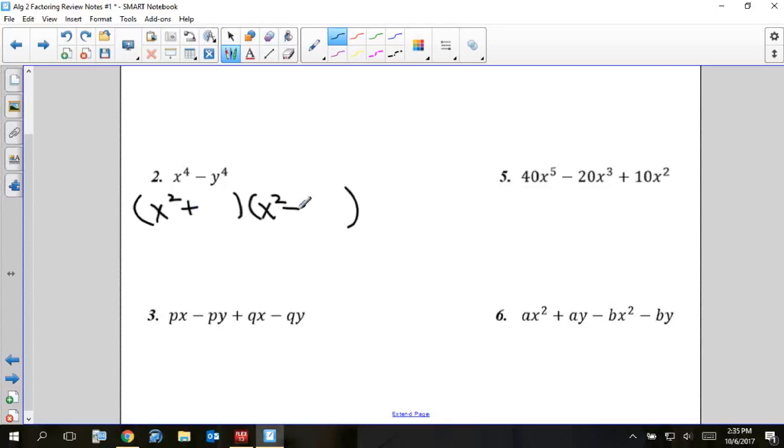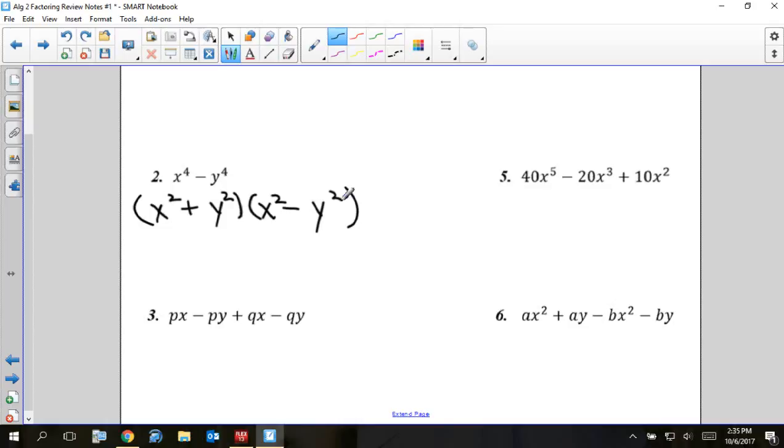What do you multiply by itself to give you y to the fourth? Y second. You see how both of these parentheses do not have x to the first or y to the first. They have something other than the first. So you have to see if either of these parentheses can factor further.